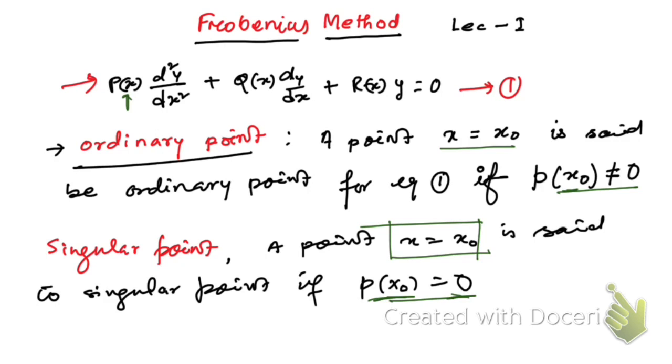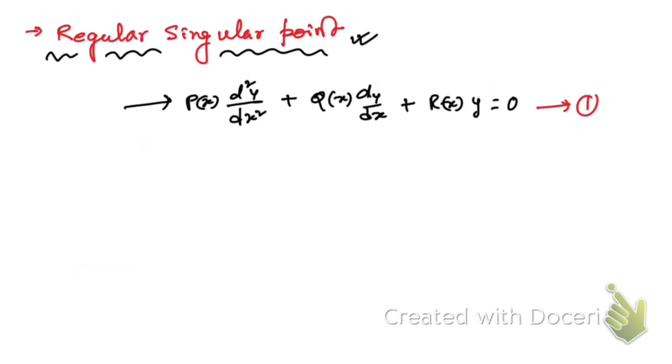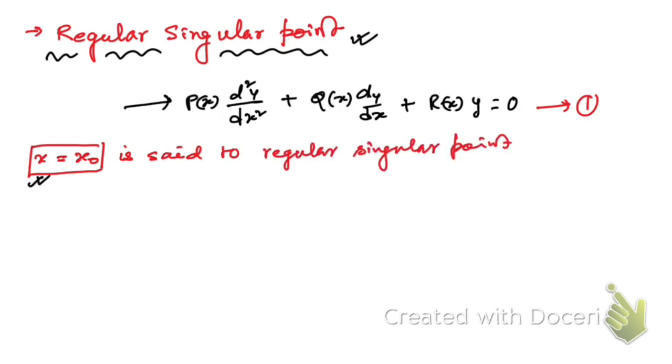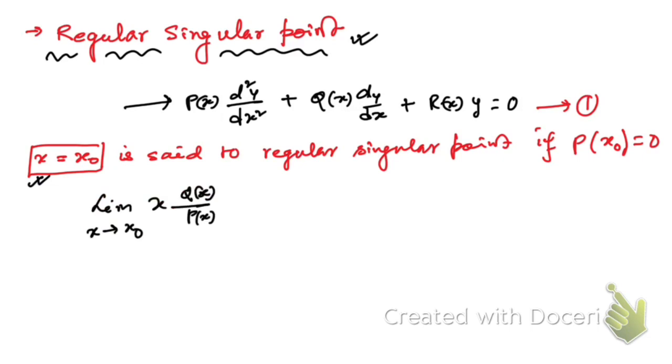But there are two types of singular point. One is regular singular point, another is irregular singular point. So let us discuss that as well. Now you see, this point x equal to x naught is said to be a regular singular point if p of x naught is equal to 0, that must be satisfied. Also the limit of x into q of x by p of x is finite, okay?